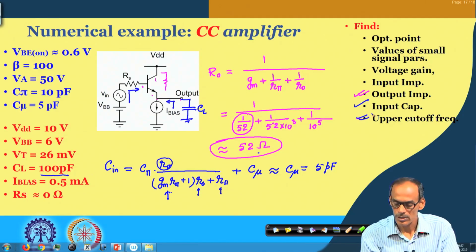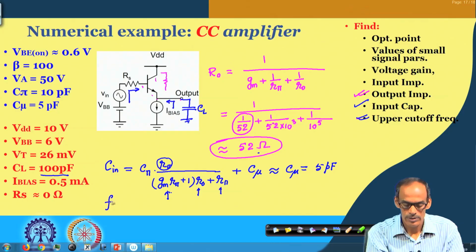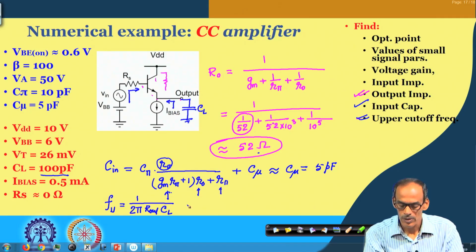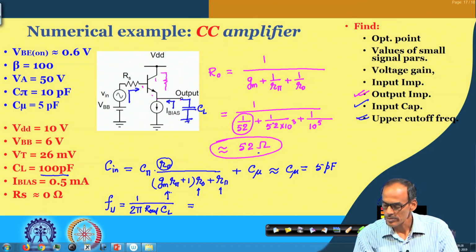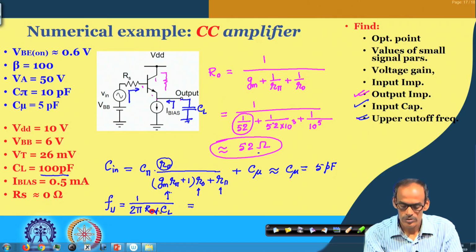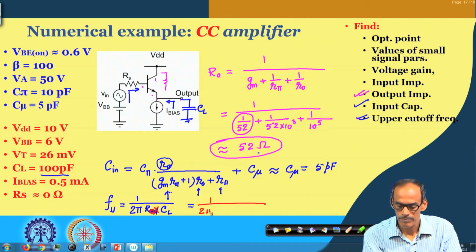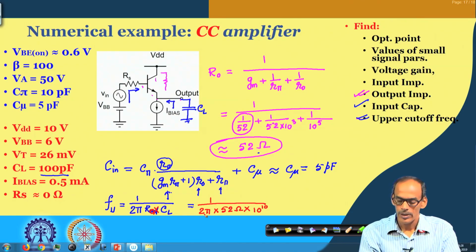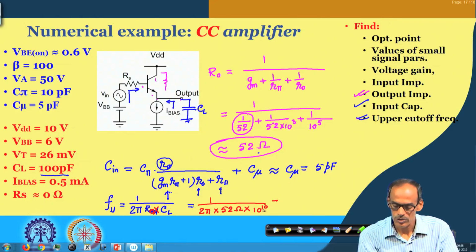Now, the upper cutoff frequency f u is 1 by 2 pi R out, or R O, into C L. So, we have 1 by 2 pi into 52 ohms into 10 picofarad. So, that is 10 to the power minus 10.